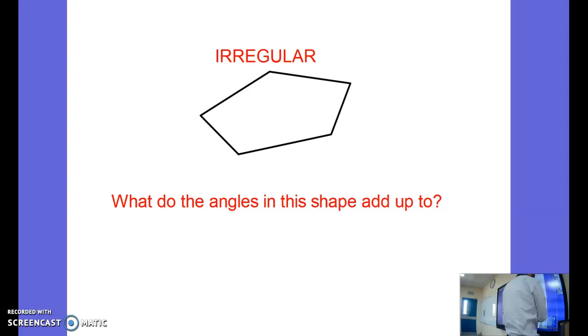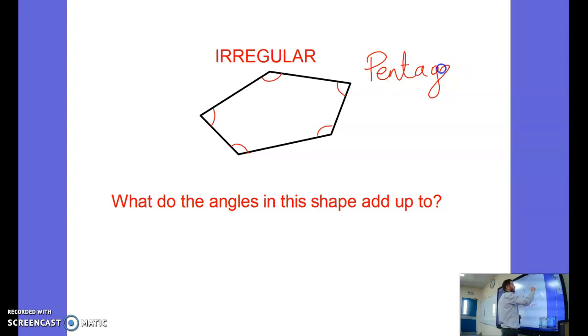Let's start off with the irregular polygon. And let's think about finding some of the angles in this irregular polygon. I want to know what all of those angles add up to. This, plus this, plus this, plus this, plus this. Well, we've got 5 angles there, so this must be a pentagon.